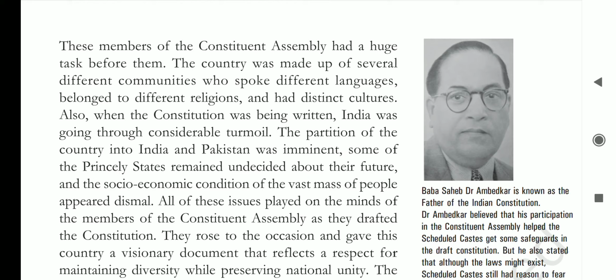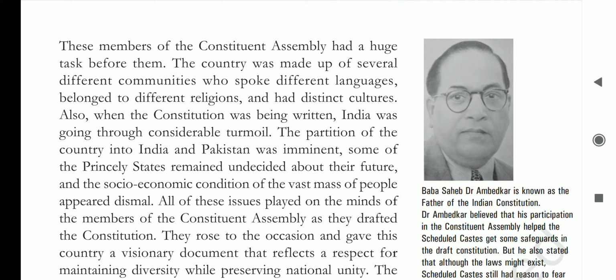The most important task of that time was the partition of India and Pakistan. There were many princely states in our country, and many of them were undecided about their future.